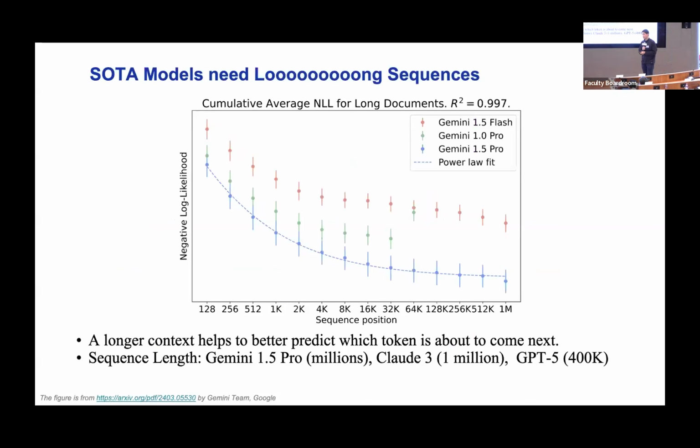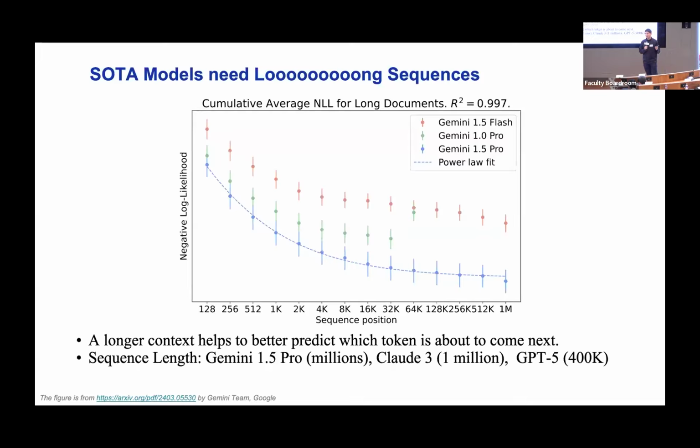The idea is that today almost all the AI models, like ChatGPT, Anthropic, and Google Gemini, are using long sequence models, right? For example, for Gemini 1.5, the sequence length can be 4 million.